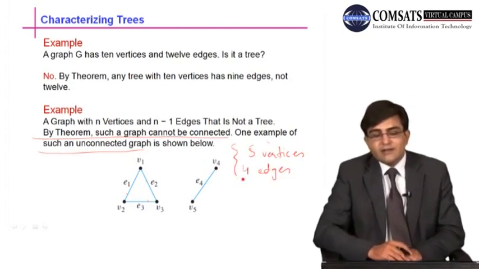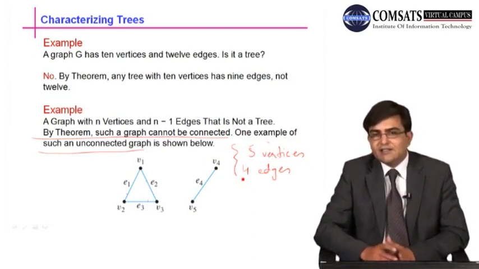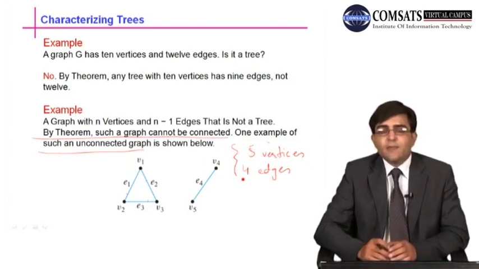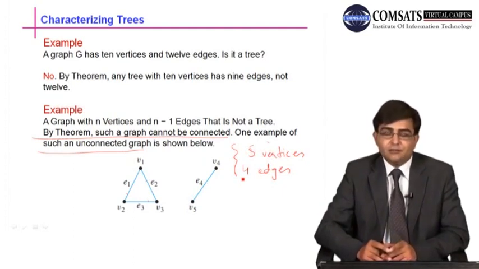So it's not necessarily true that a graph with n vertices and n minus 1 edges is always a tree. You have to care about the other things in the definition and in the theorem to conclude whether this graph is a tree or not.